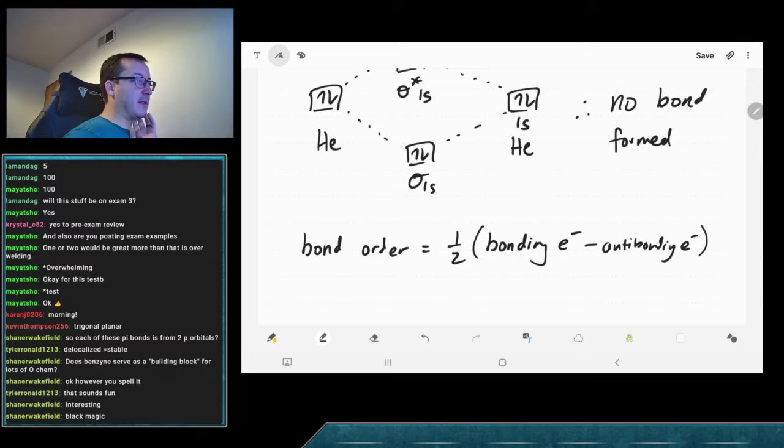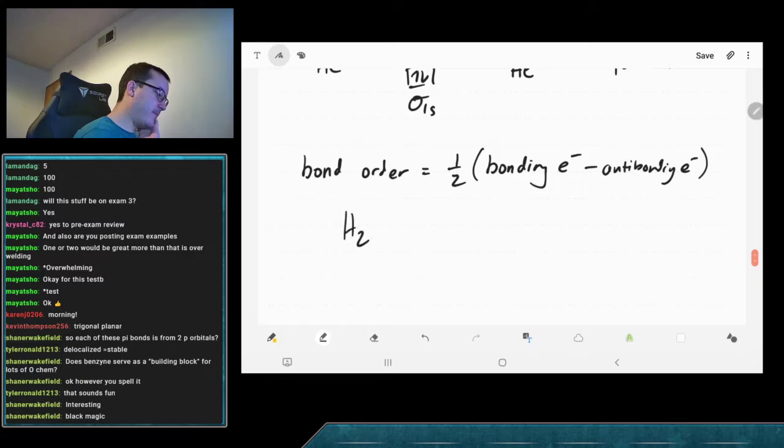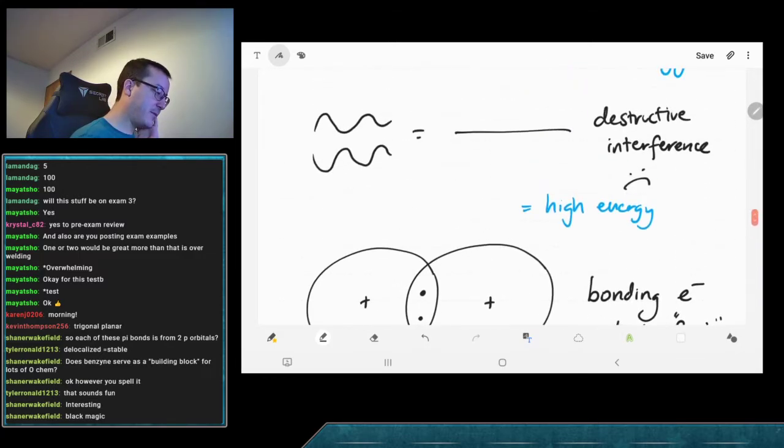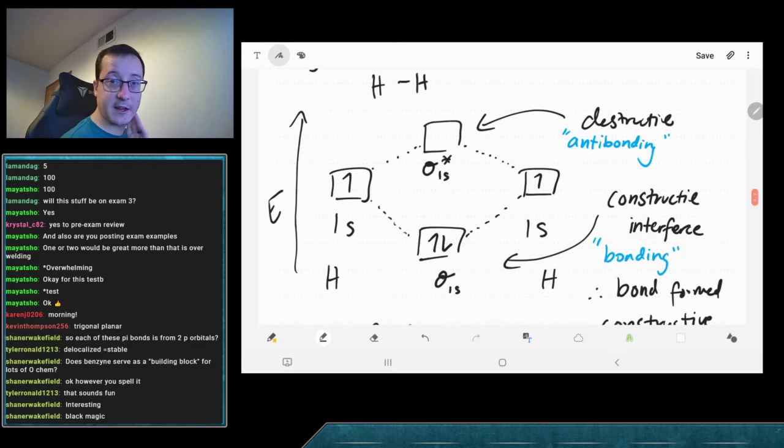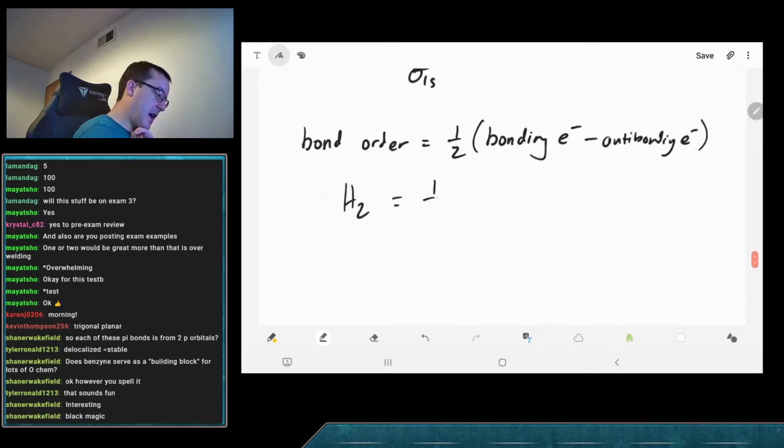We're going to be able to see that the bond order is half of the bonding electrons minus the anti-bonding electrons. So if we think about hydrogen, let's scroll back up to its little thing. I'll show you how to construct these in just a moment. We see that we have 2 electrons in a bonding orbital, and we have 0 electrons in an anti-bonding orbital. So that's 1/2 times 2 minus 0, which is 1.